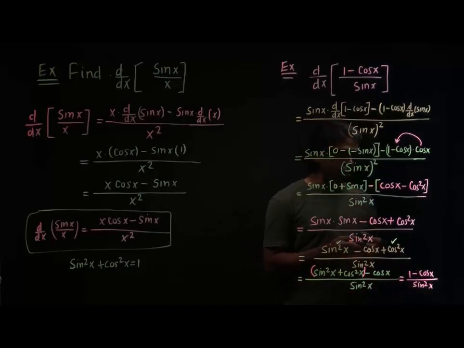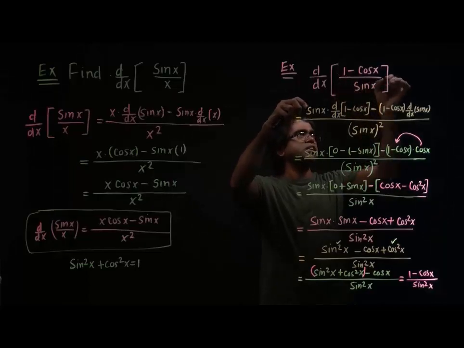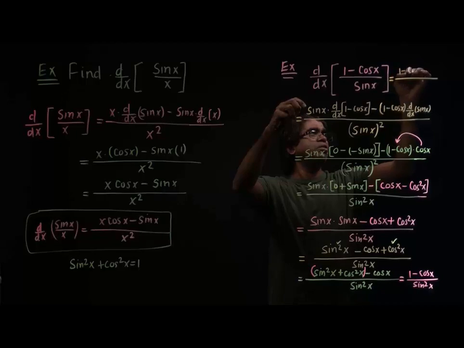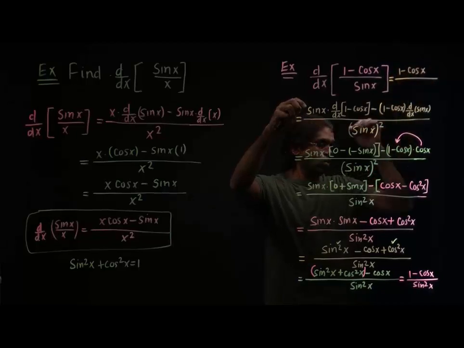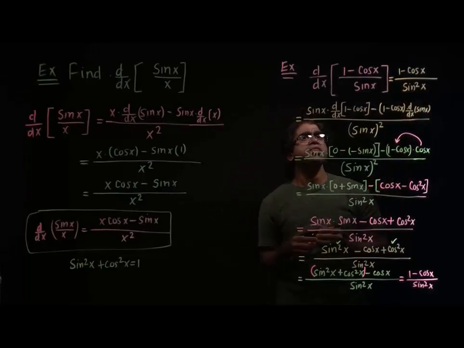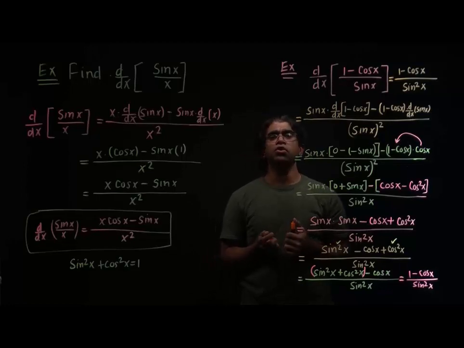So as you can see, the differentiation of this function is equal to 1 minus cosine x over sine squared x. And this is how we use the quotient rule to find the differentiation of given functions.